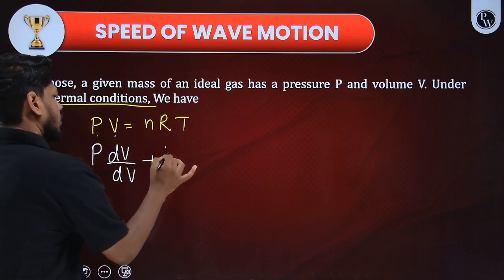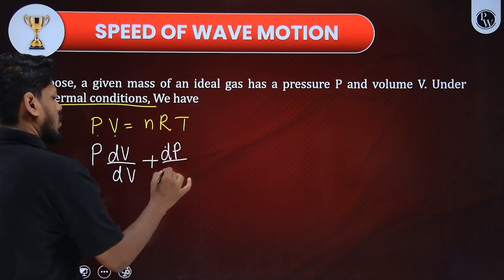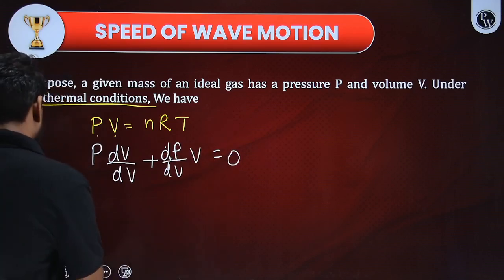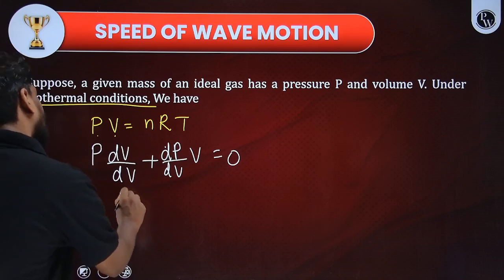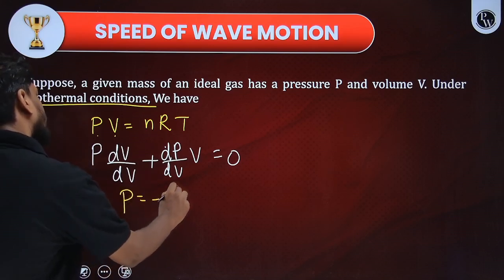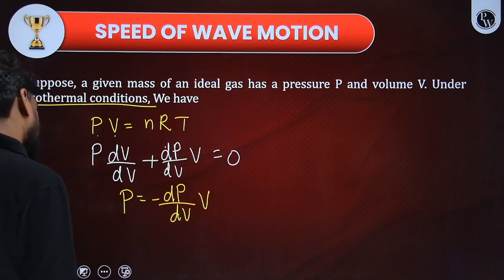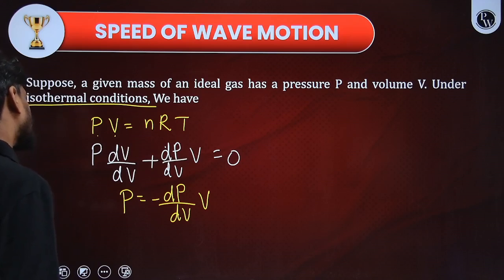Plus ... is equal to 0. So I can very well rewrite this as pressure is equal to minus dP by dV into V. Or should I differentiate with respect to pressure?